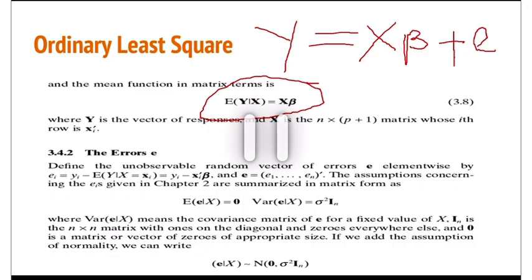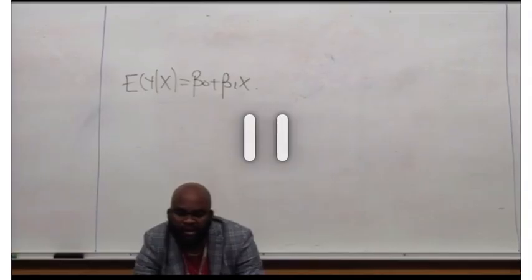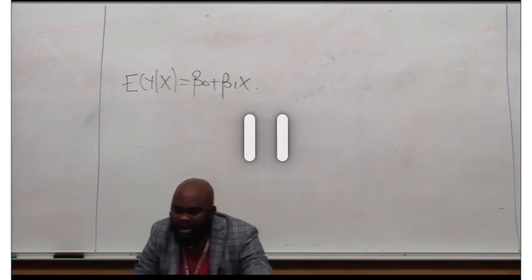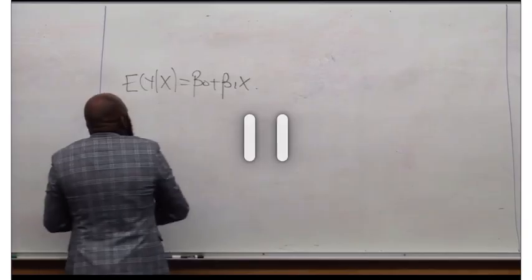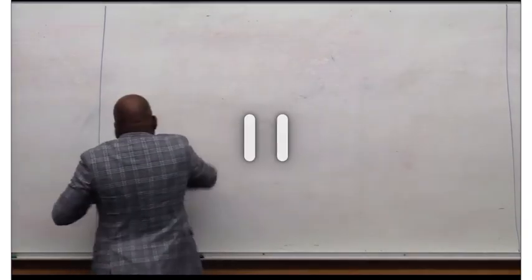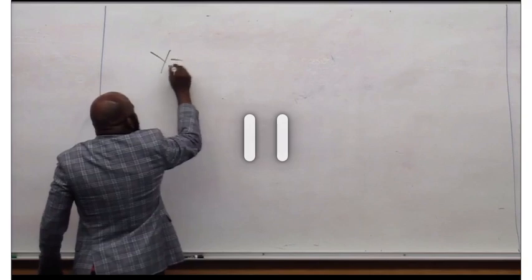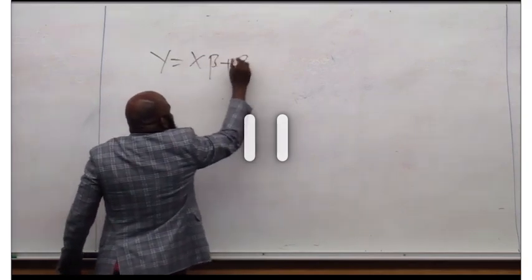What is y? We take a look at y. y is going to be n by 1. I want to talk about the dimension. It's going to be n by 1. I got the model to be y equals x beta plus the error.